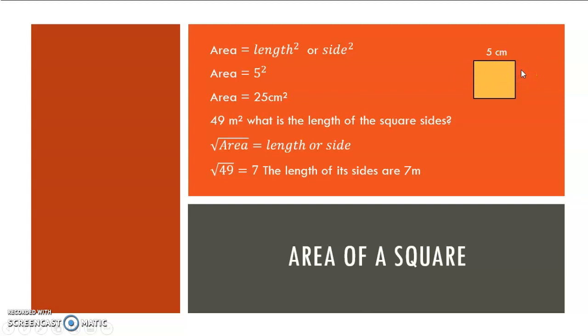So there's 5. But you will have 5 rows of that down as well. So it will be 5 to the side and 5 rows down of all 1 centimeter each. So therefore, 5 times 5 or 5 squared will give you an area of 25 centimeters squared.